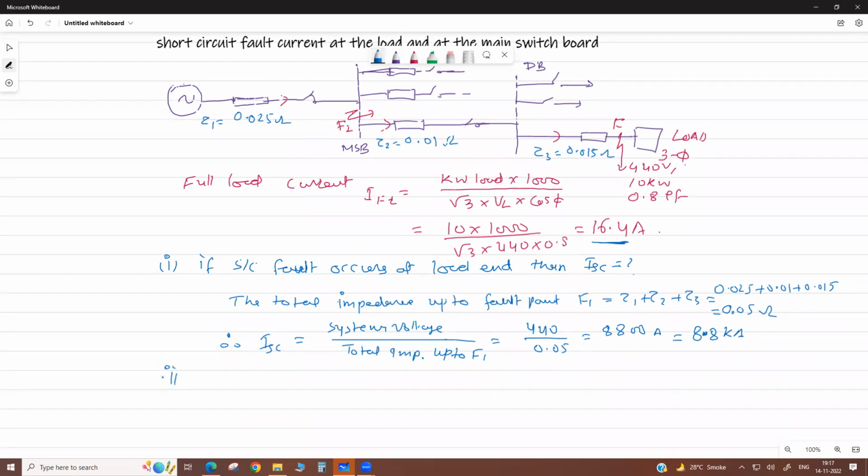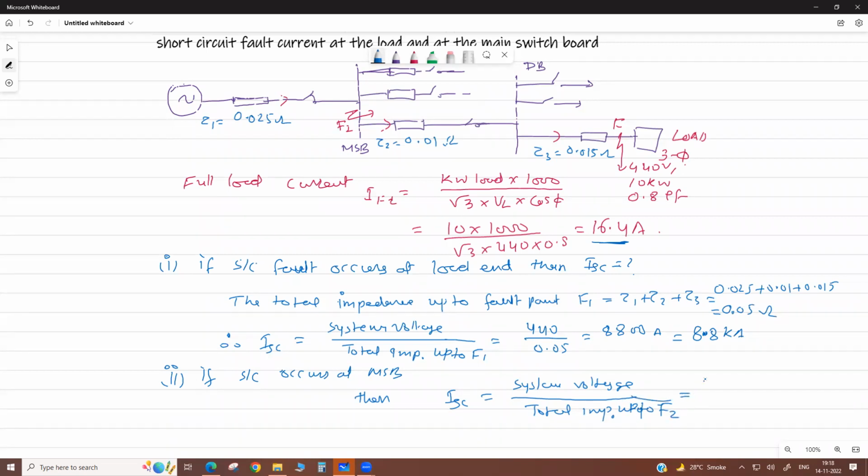Now in the second case, if this short circuit fault occurs at the MSB, then your short circuit current is again the system voltage divided by the total impedance up to F2.